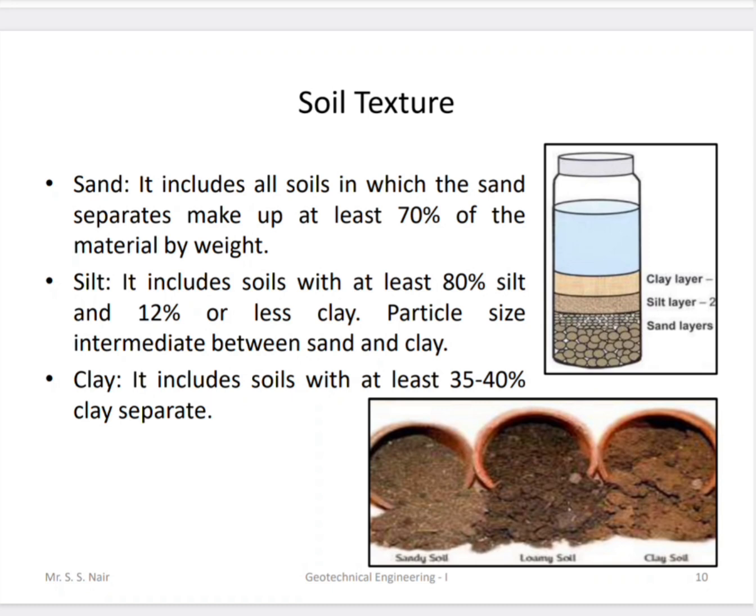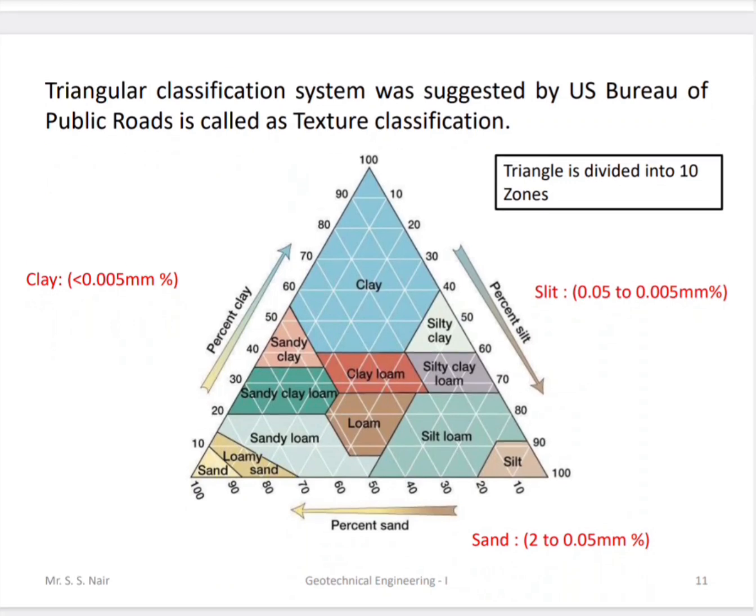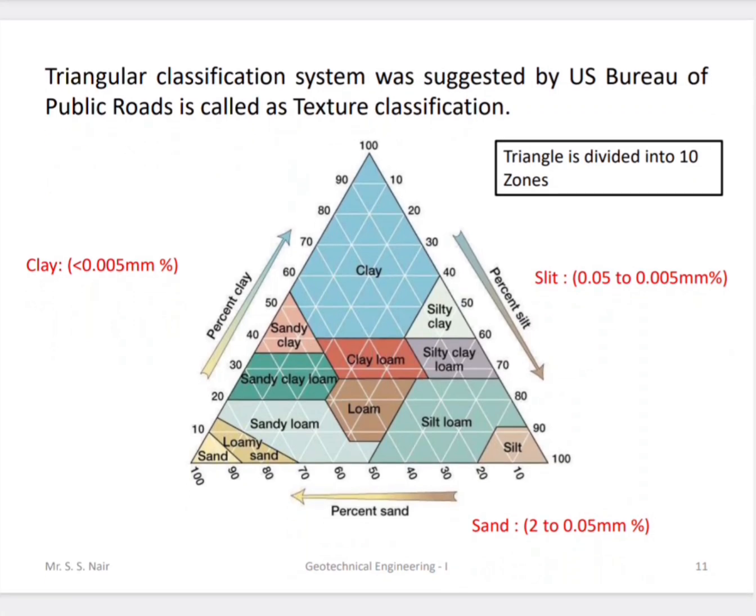So sand has at least 70% of the material by weight, silt 80% and 12% clay, and clay consists of 35 to 40% in the soil. This triangular classification system was suggested by the US Bureau of Public Roads.